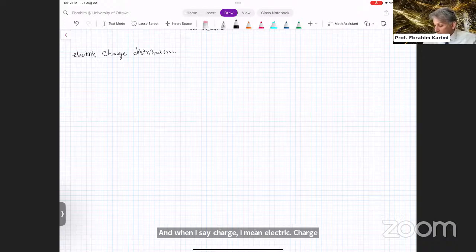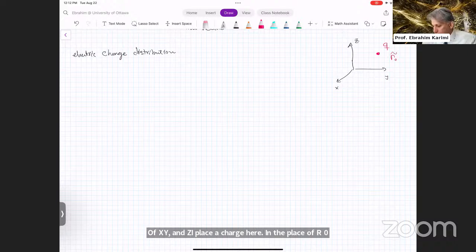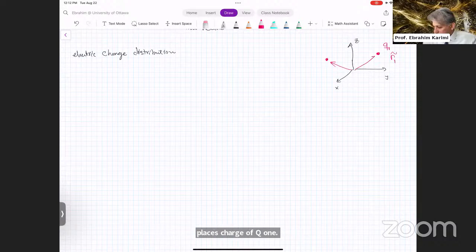Assuming that I have the three-dimensional space of x, y, and z, I place a charge here at the place of R1. I will place the charge of Q1. And here in this place, R2, I place the charge of Q2.